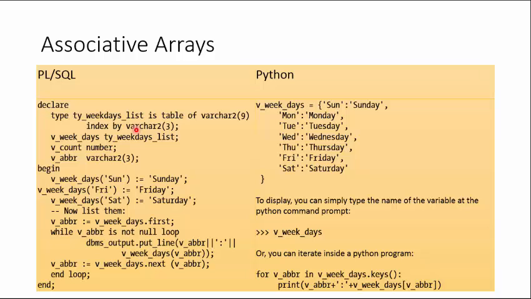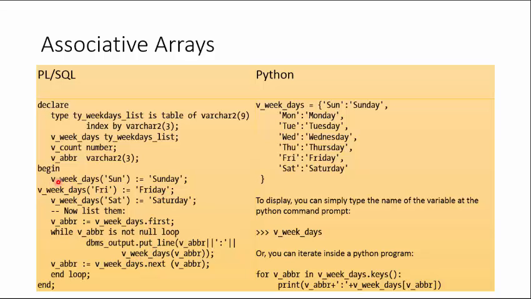The second one is called associative array, which is also called PL SQL table, and this is how you define it. Instead of the position of the element in the array determining the value, you actually have a named index in this case. So for example, let's say I want to define a very simple array with the abbreviation of the days and the full description of the days, sun for Sunday, Fri for Friday, etc. If I want to do them this way and display them, you can do it this way.